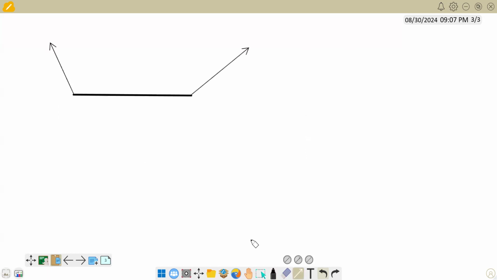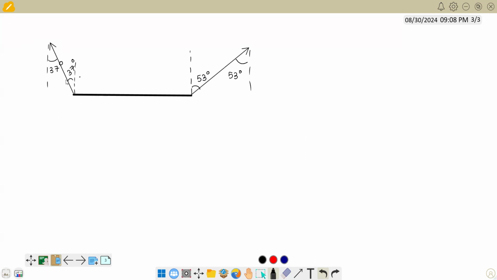Here we got T1 at 36.9 degrees, which I will take approximately as 37 degrees. If this is 53 degrees, we can write this one is also 53 degrees, and this one is also 37 degrees.